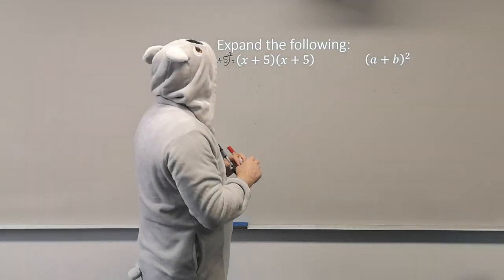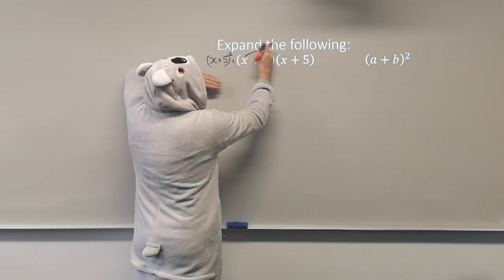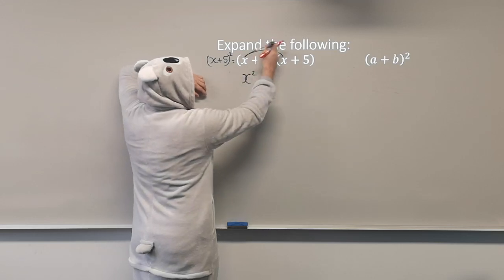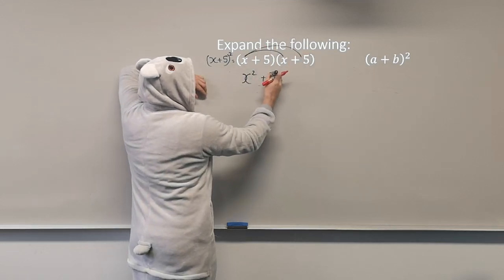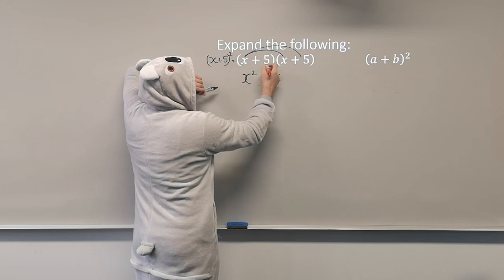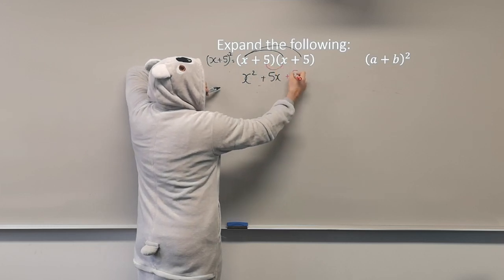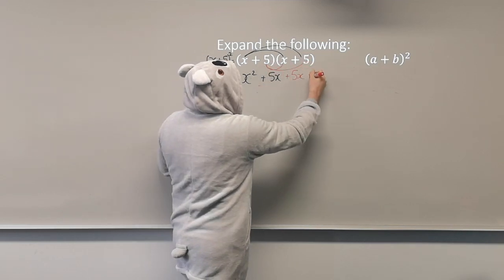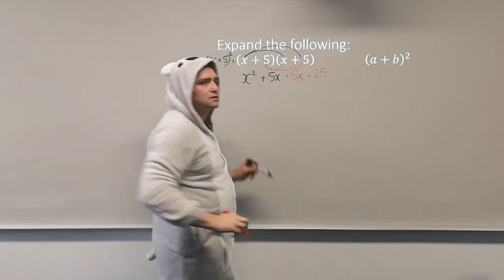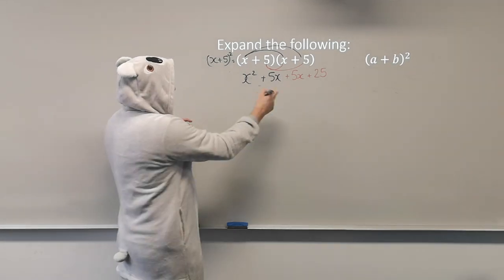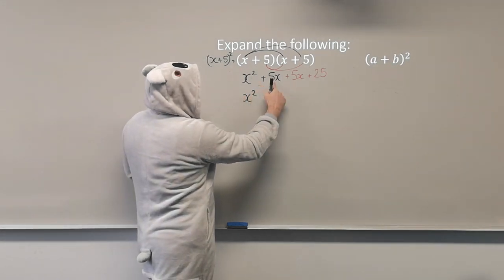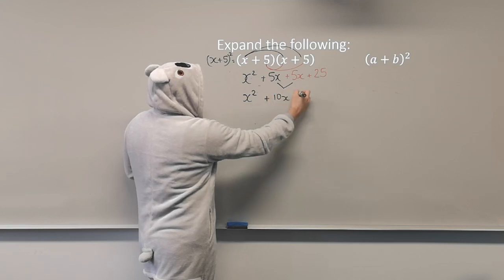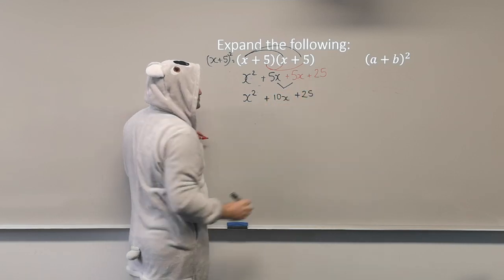So let's look at what happens. x times x is x squared, x times 5 is 5x, x times 5 is 5x, 5 times 5 is 25. Bringing it together, x squared, we actually end up with 2 lots of 5x, so 10x plus 25.